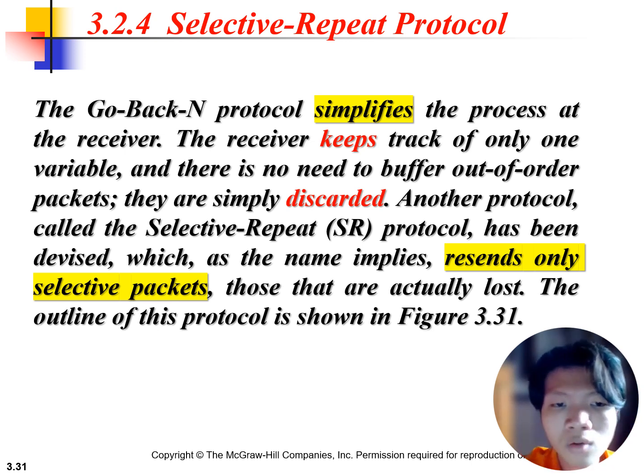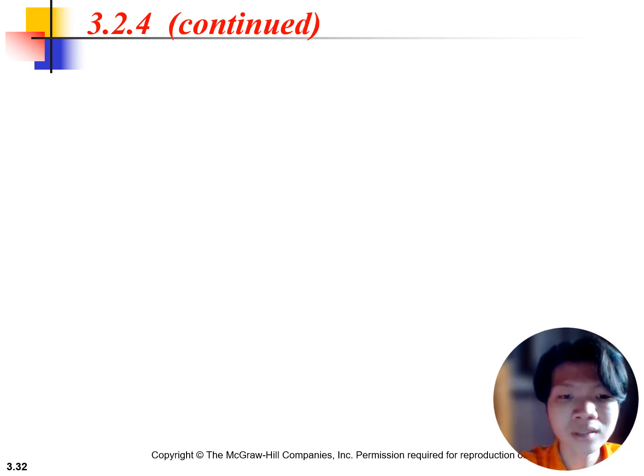Another protocol called the Selective Repeat, or SR, protocol has been devised, which, as the name implies, resends only selected packets, those that are actually lost. The outline of this protocol is shown in Figure 3.31. This is a topic that we will see next.